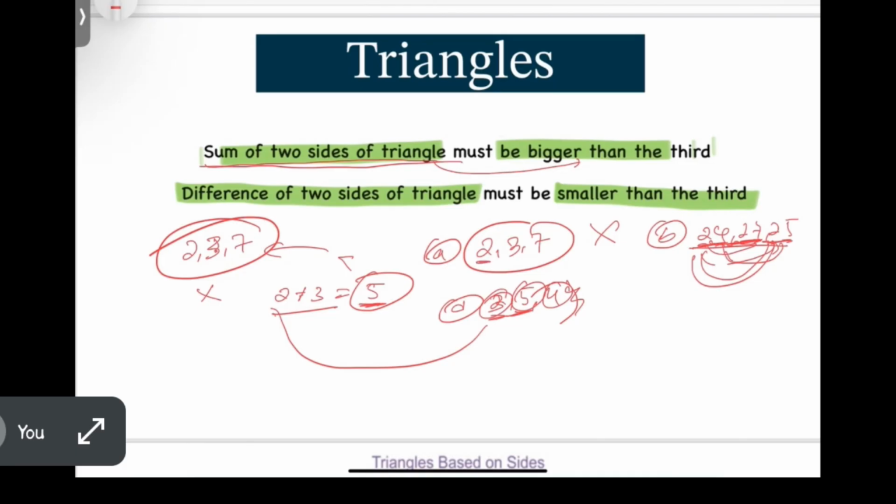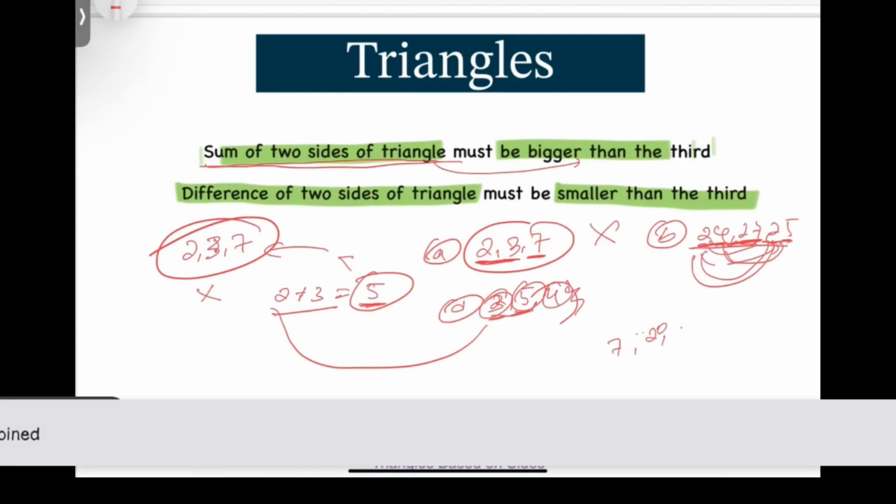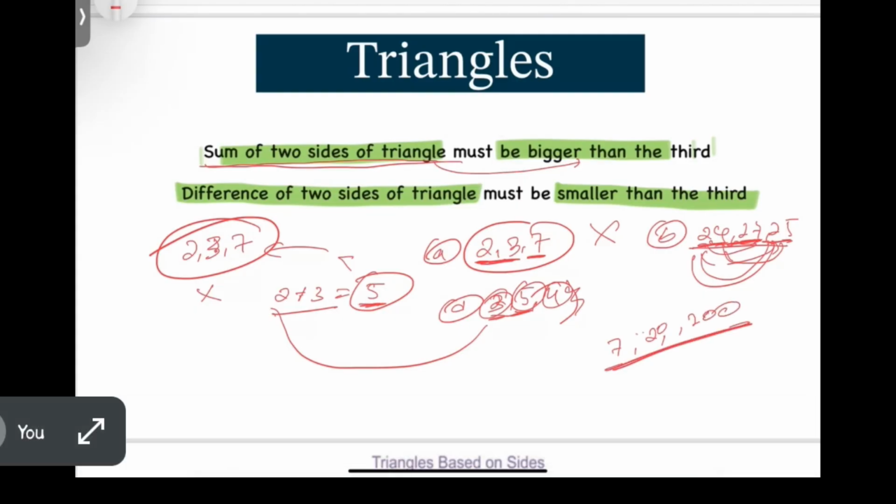But let's say in this case, these two are close to each other, but this one is a bit different. If there's a number which is very huge, let's say 7, 20, 200, in this case we cannot form a triangle. Why? Because the sum of these two is not greater than 200.